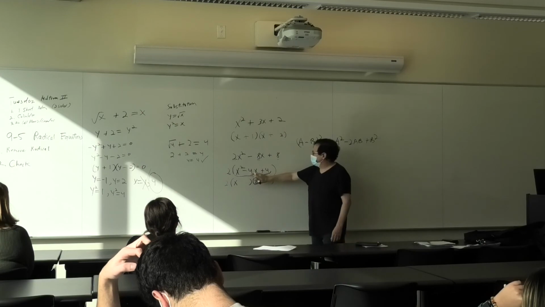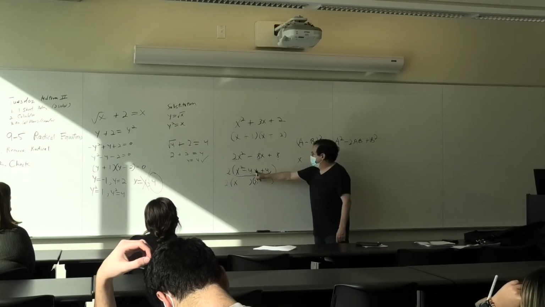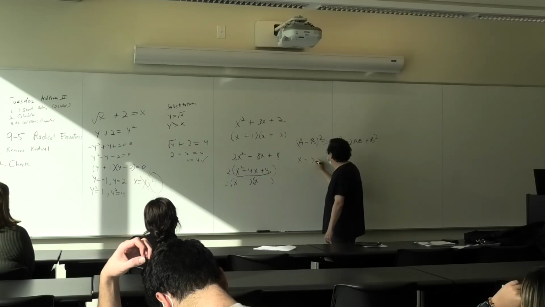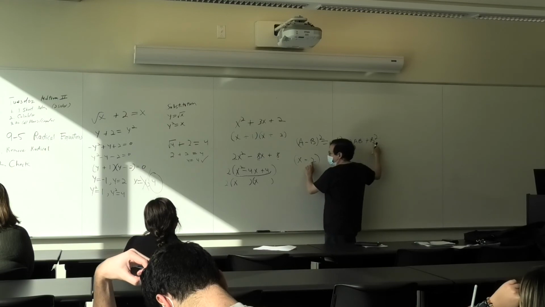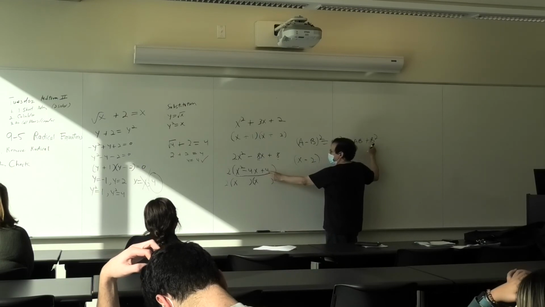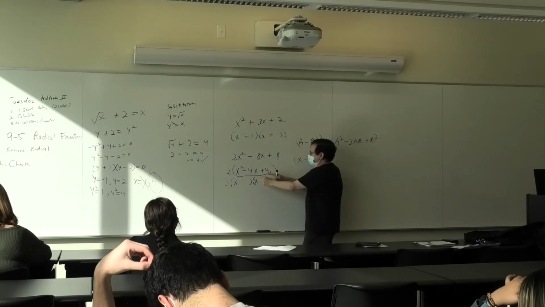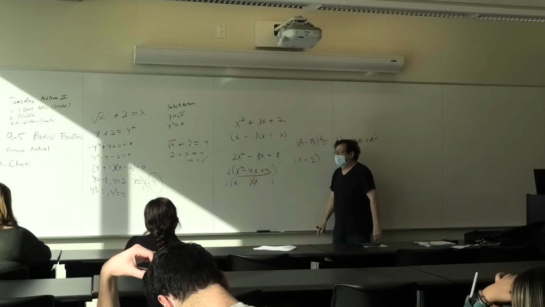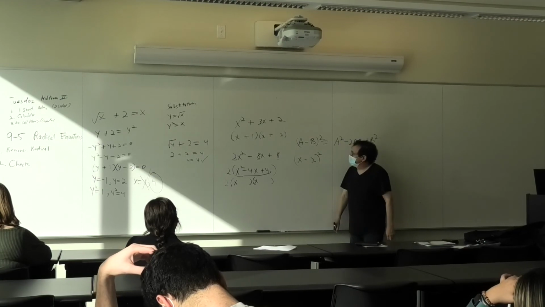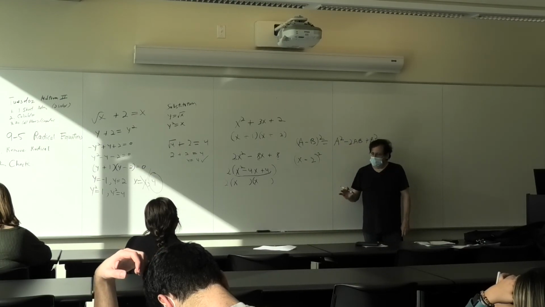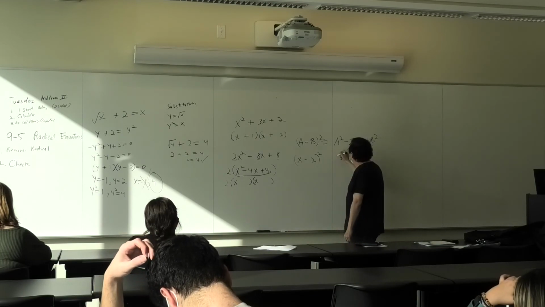Then you look at this and you go, wait a minute, if a is x, b is 2, negative 2 squared is 4, and negative 2ab is negative 4x. So this is just x minus 2 squared. Again, I think I put them on that sheet. This is really good to know.